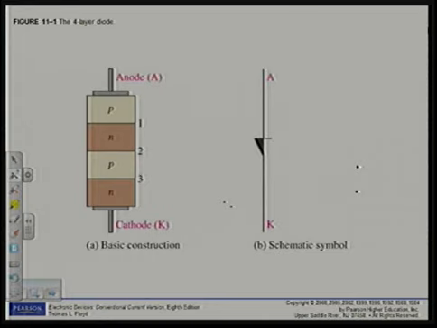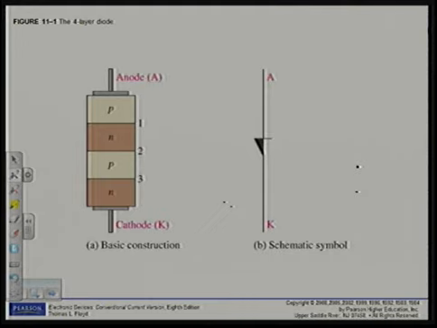Conduction continues until the current is reduced below a specified value. Although the 4-layer diode is seldom used in new designs, the principles form the basis of other thyristors that you will study. Right, we'll see that as we carry on with the next section as well.